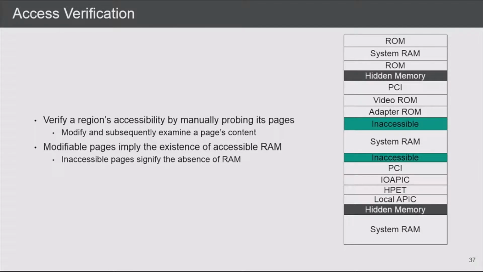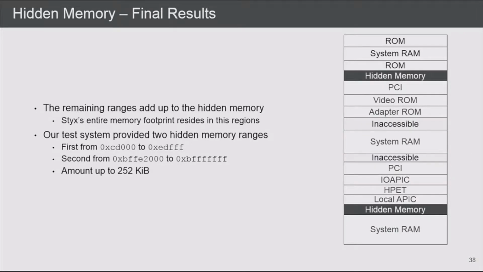If so, we imply the existence of accessible RAM and just exclude other pages from our layout. So, in conclusion, in our test system, we were able to find 2 hidden memory ranges, which amount to roughly 252 kilobytes, which can then be used by our rootkit.